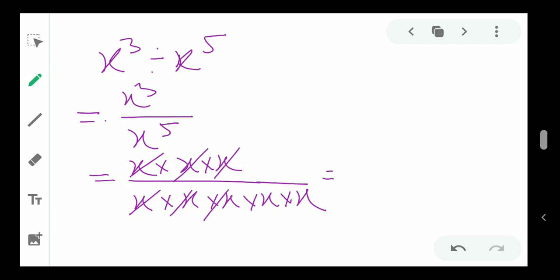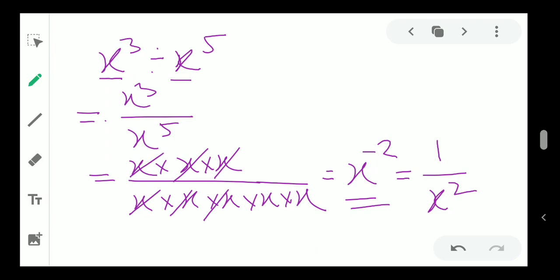So how to represent it? If we write x to the power 2, that means there are 2 x's upside, so I cannot write it like this. Instead of writing only 2, we write minus 2 to make it understood. So instead of writing 1 by x square, because there are 2 x's downside, I write x to the power minus 2. So whenever you are subtracting a bigger power from a smaller one, you will have a minus sign.